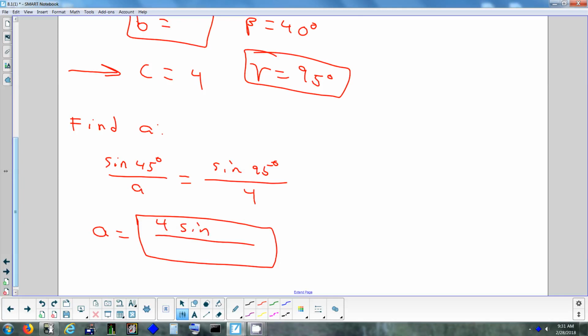Sine 45. Yep. Sine 95. Yep, perfect. Okay, so there's your calculation for getting A by itself.